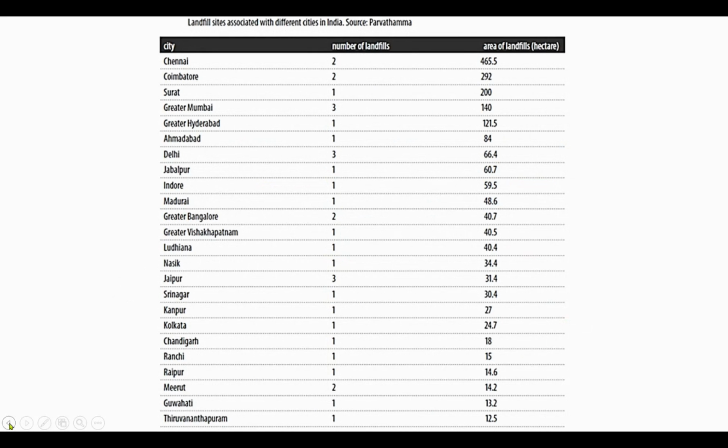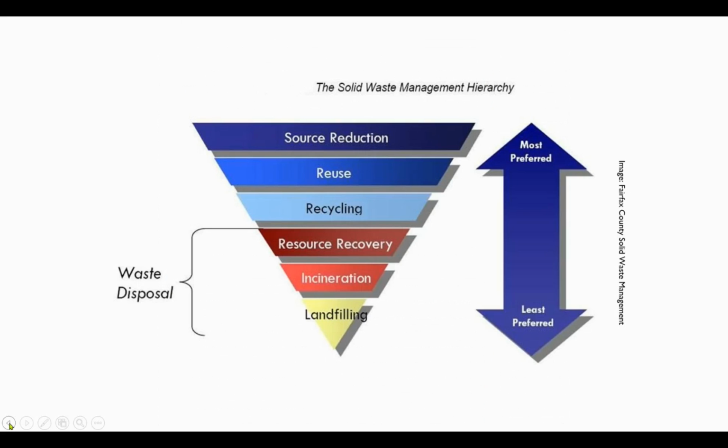But here there is also one good example that we will discuss apart from that. Before that, I will talk about the solid waste management hierarchy. In that, we know source reduction can be done, reuse can be done, recycling can be done, resource recovery we can do. Then incineration can be done in a few cases, right? But after all these things, the last option will be landfilling.